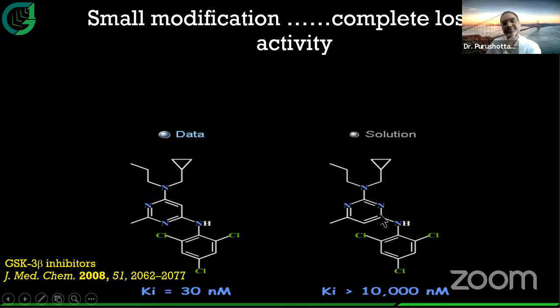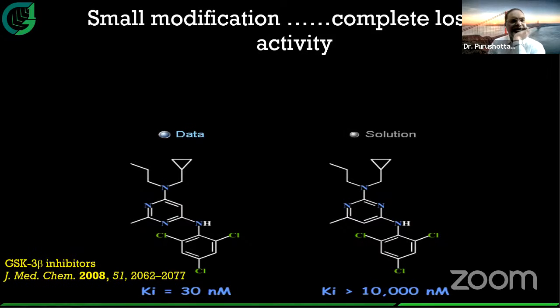What is the difference between both the molecules? One of the nitrogen atoms has been moved to another position, and that has caused almost complete loss of activity. This example I picked from a GSK3 beta inhibitor published in 2008 in the Journal of Medicinal Chemistry.